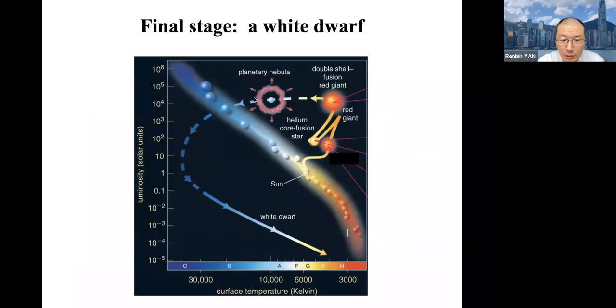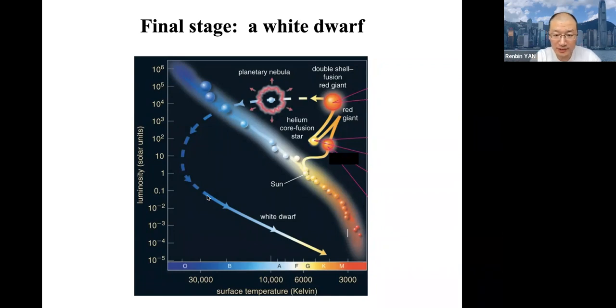So what does the star do? It will get very hot for a moment because you have fusion on the surface of the star, so it looks really hot for a moment, but the luminosity will drop quite significantly once that fusion reaction is gone, because you don't have any energy production sources anymore, right?